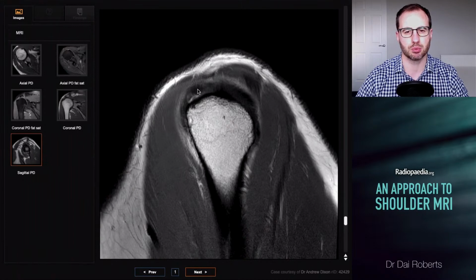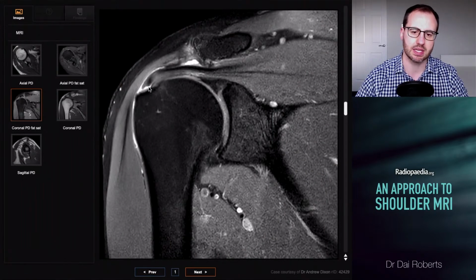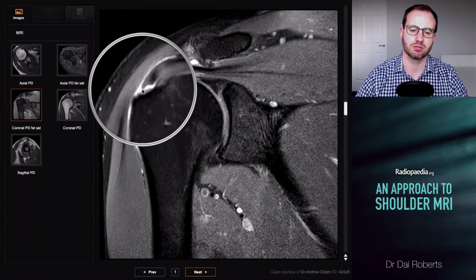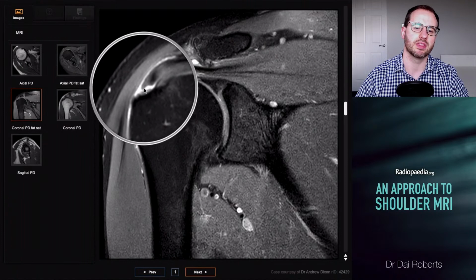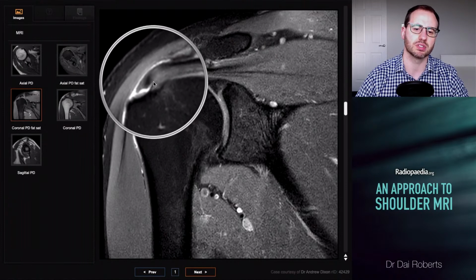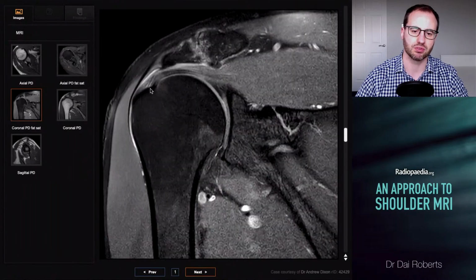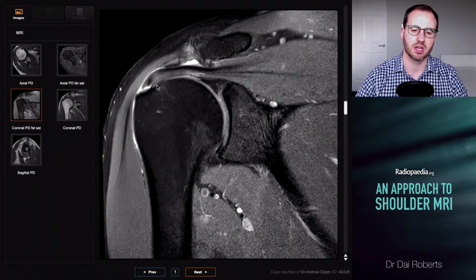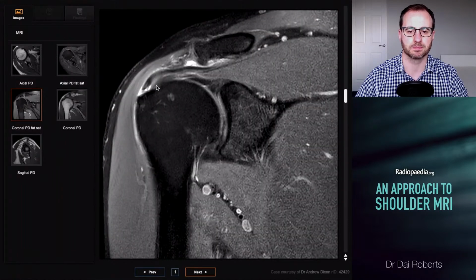For me, these sagittal oblique sequences are what I find most useful, and I do a bit of problem solving on our coronal oblique sequences, and you can see quite nicely here that you have a partial thickness bursal surface tear, which is at the enthesis with intrasubstance extension. We know it's not a full thickness tear because you still have articular surface fibers intact at the back.